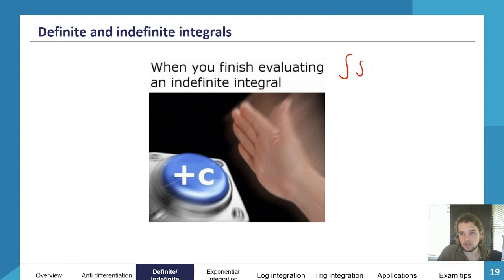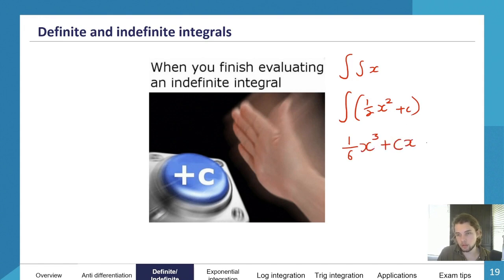Let's say we had the integration of x, it would become 1 over 2 x squared plus c, and now we integrate this as well. So then we have 1 over 6 x to the power of 3 plus cx plus d, and d would be another constant value.